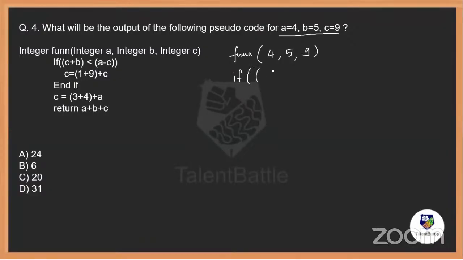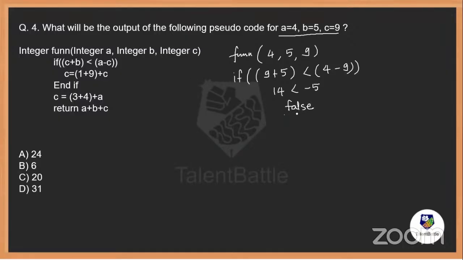C plus B. C is 9 plus B is 5, which is less than A minus C. A minus C. So 4 minus 9. So the result of this expression will be 9 plus 5 means 14, which is less than 4 minus 9 is minus 5. Now 14 is not less than minus 5, means this will result into false.